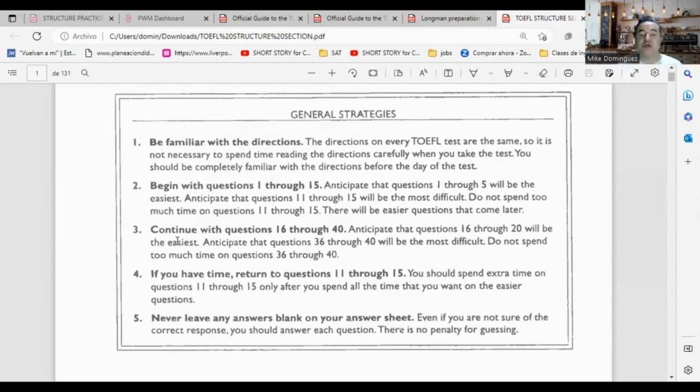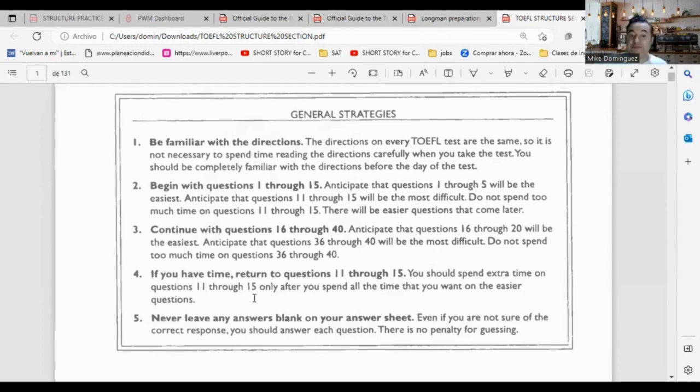In the second section, you choose which one is incorrect, and the first five are again the easiest to understand and select, so you can answer promptly and quickly.